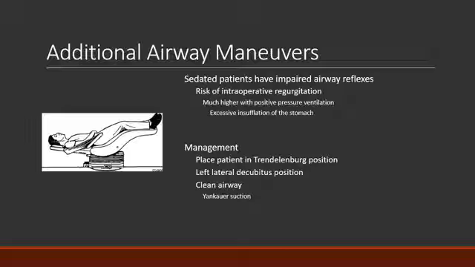That risk certainly increases if we have to provide positive pressure ventilation. When we're using our bag valve mask, we're forcing air into the patient's lungs. And if we're not careful and we don't maintain a patent airway, that forced air can go into the stomach. Once the stomach gets insufflated enough, they're going to empty their stomach, they're going to throw up, and that can go into the patient's lungs because of the impaired airway reflexes.